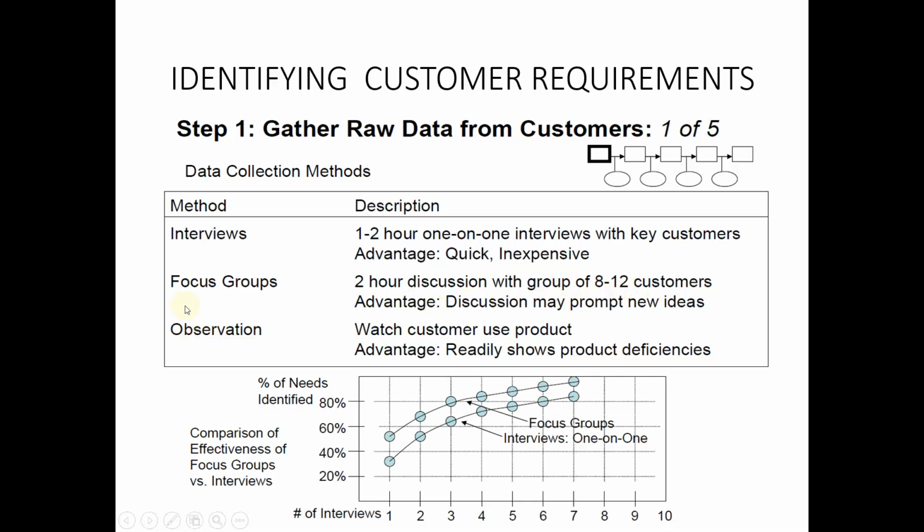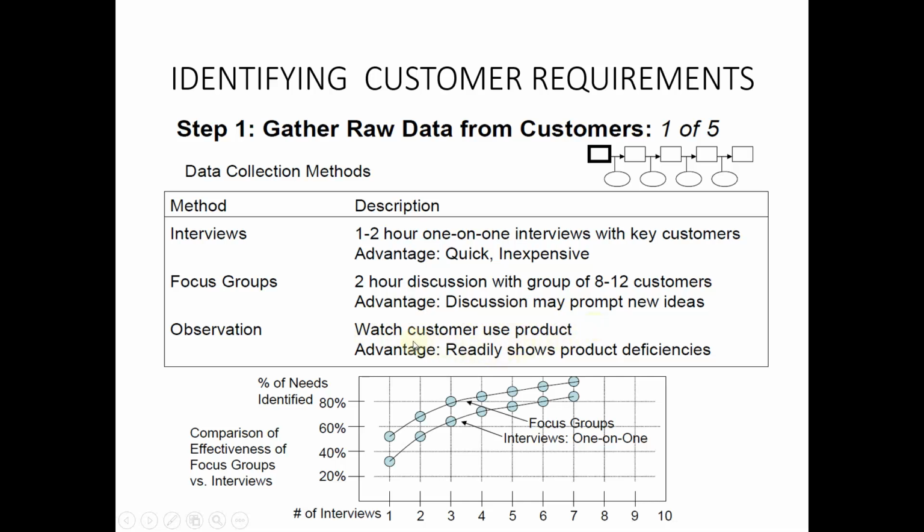Then in the observation method, the customers use the product, and the design engineers actually watch the customer use the product in real time and find out what the difficulties or the changes are that the customer wants in that product, and try to accommodate that in the product.